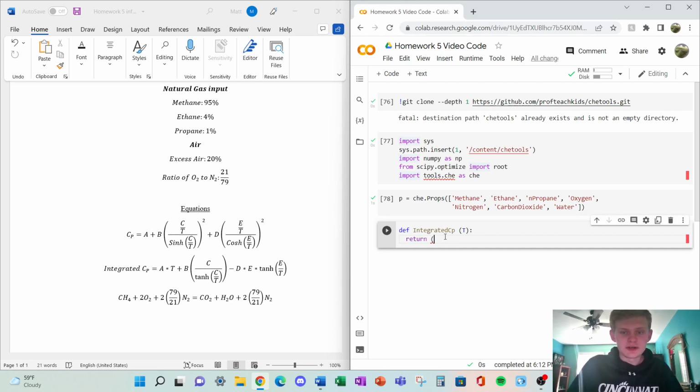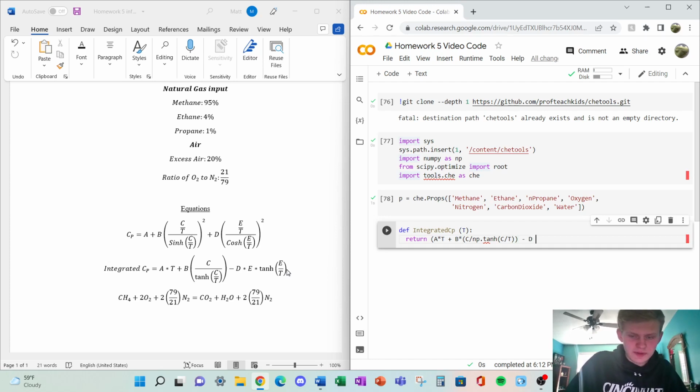The thing we need to do here is type out this entire equation. So it's going to be our A parameter times our T, our temperature, plus our B parameter multiplied by our C parameter divided by the NumPy hyperbolic tangent of our C parameter again divided by our temperature, and that's the first part.